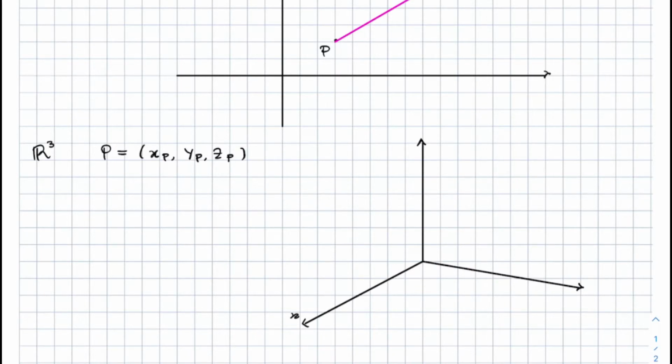And P would be a point here with exactly 3 coordinates, which are the z coordinate, and when we take its projection on the plane xy, the y coordinate and the x coordinate.